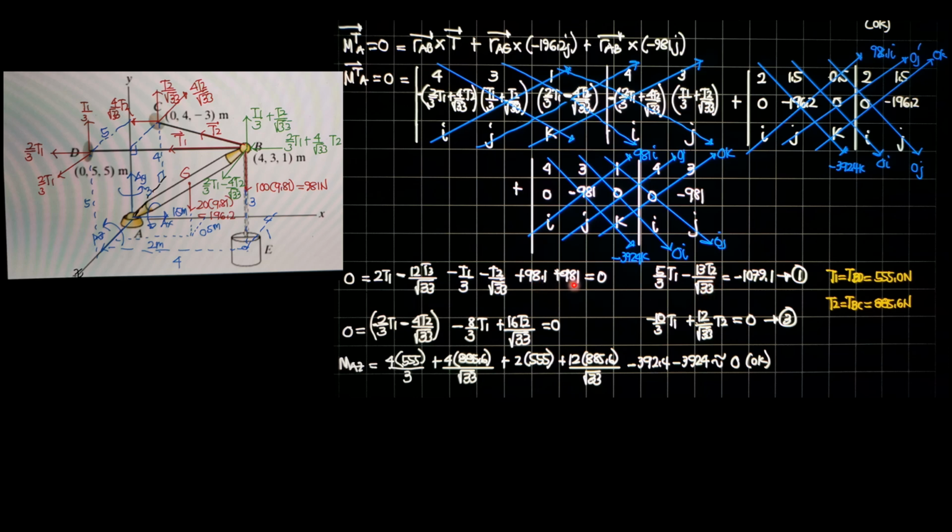Then 98.1 plus 981 to the right, negative 1079.1. So remember that this equation is similar to equation 1 in the preceding slides or video.